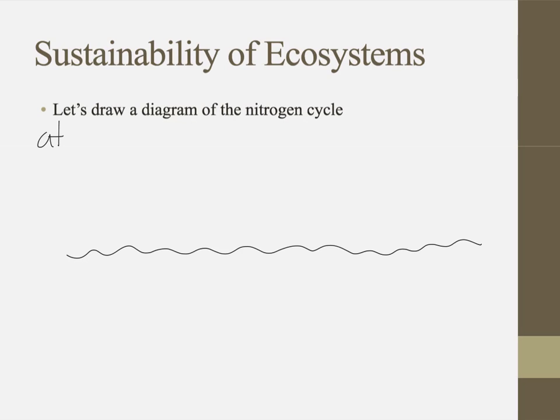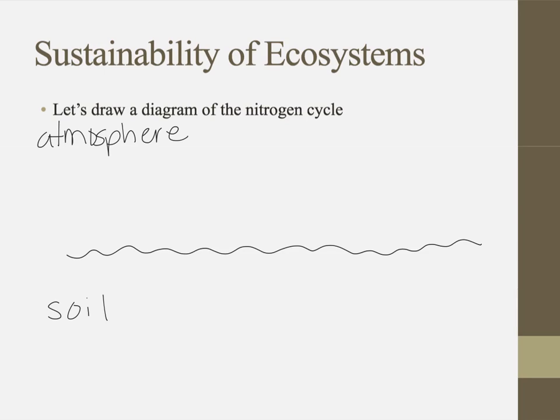So we have the atmosphere, and we have the soil. I'm going to draw an example of the nitrogen cycle in a terrestrial biome. That means on land. This still happens in marine and other aquatic ecosystems. It would just be underwater, not in the soil.